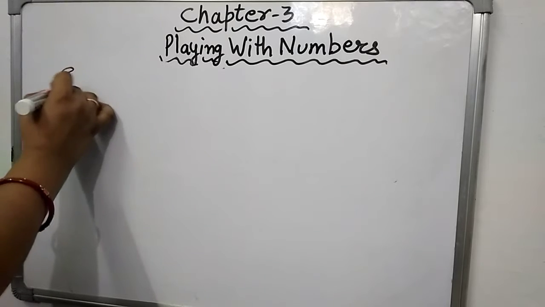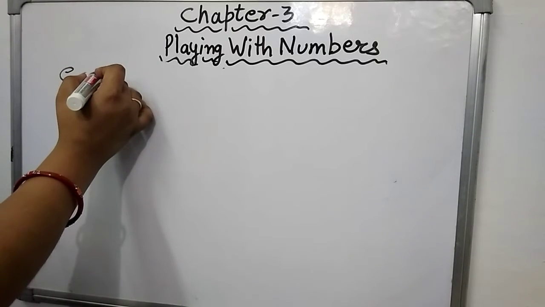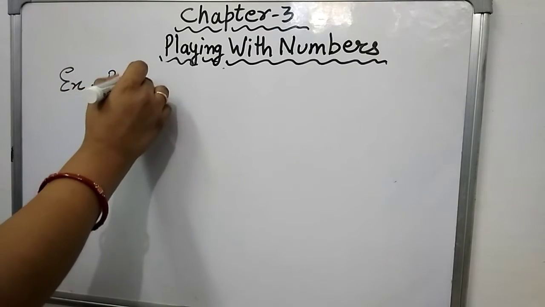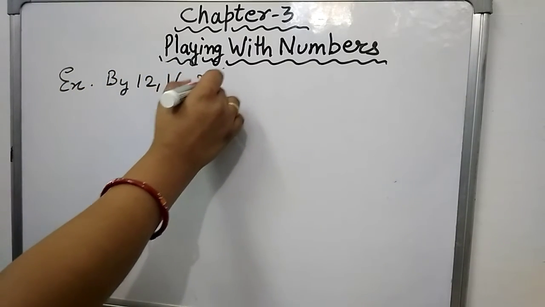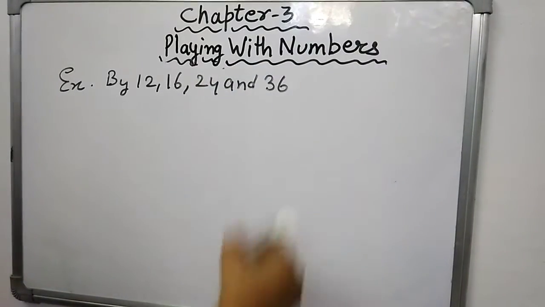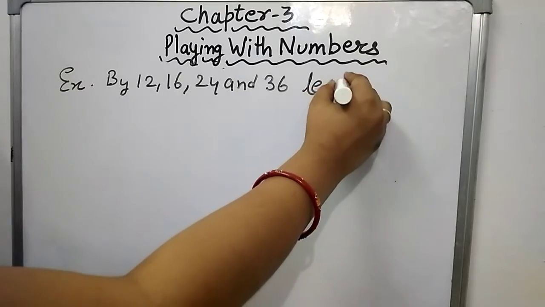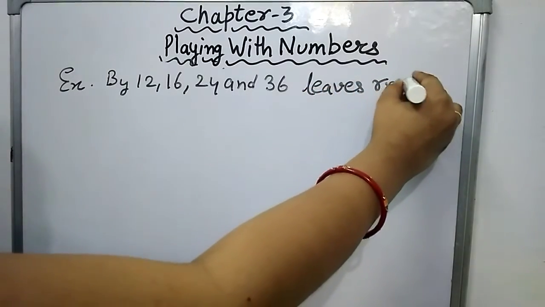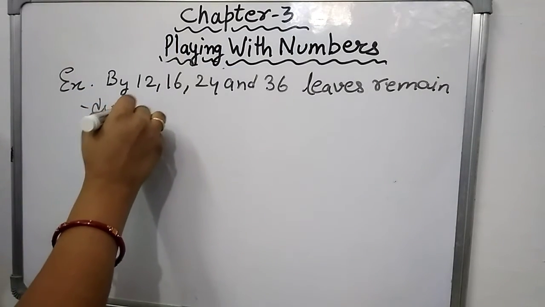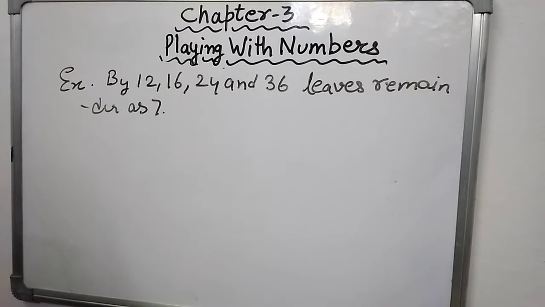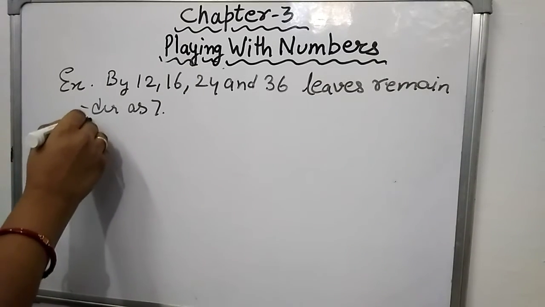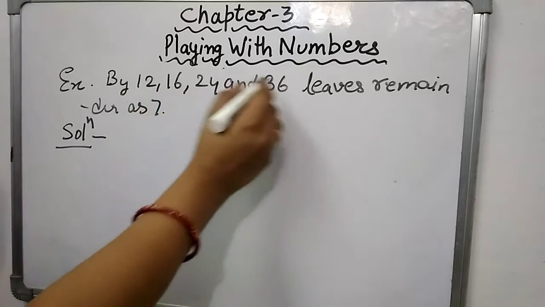For example, find the least number which when divided by 12, 16, 24 and 36 leaves remainder 7. Now we need to find the least number, so we will find the LCM of 12, 16, 24 and 36.